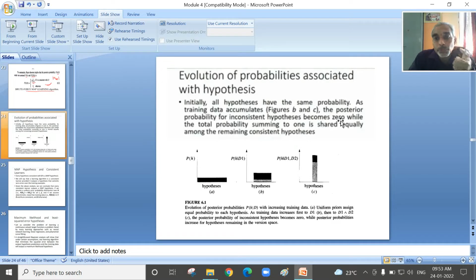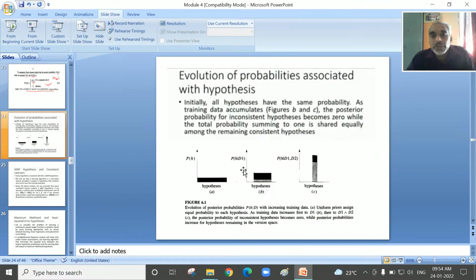When you calculate the posterior probability for a particular hypothesis, for the given training set, whichever hypothesis is consistent, its probability starts increasing, and the probability for those hypotheses which are not consistent starts decreasing and becomes 0. When you sum up, the total probability will be equal to 1.